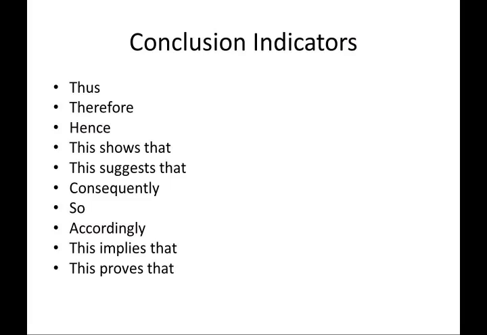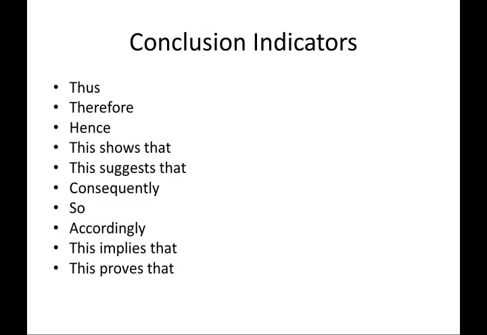The word consequently, you know, we're talking about a consequent. Now, not every time that we talk about consequences are we making arguments, but sometimes we do use the word consequence or consequently, its adverbial form, in an argument sense, so look for that word.